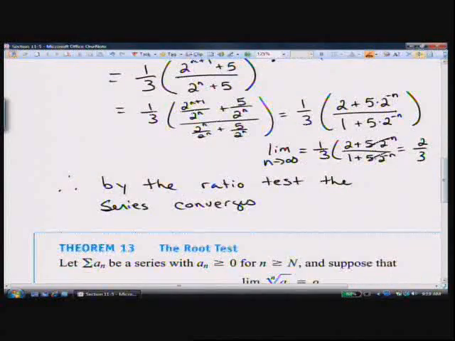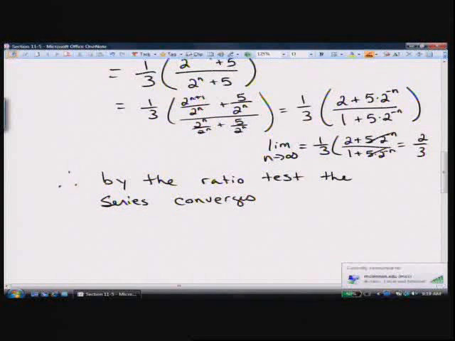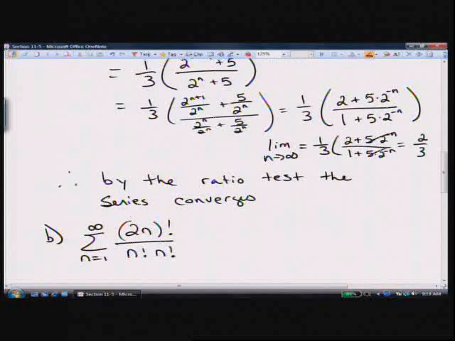Okay, let's look at another example. The sum as n goes from 1 to infinity of 2n factorial over n factorial times n factorial. And these are fun.